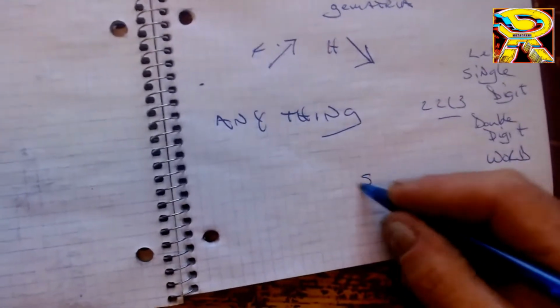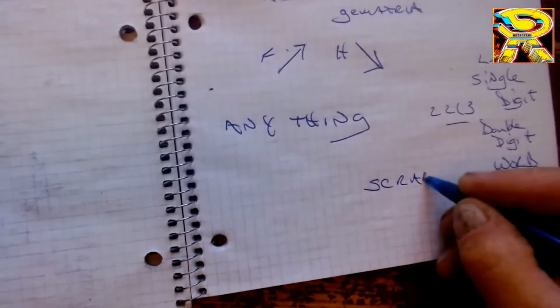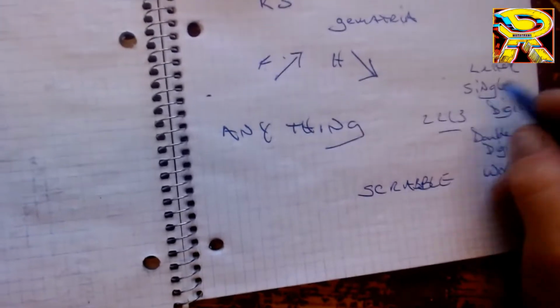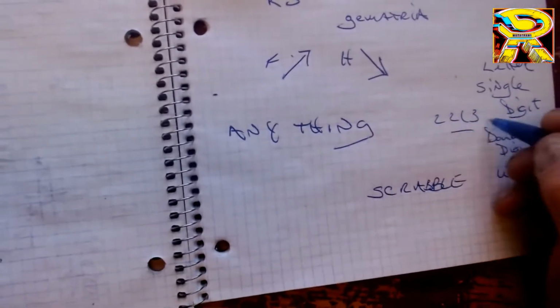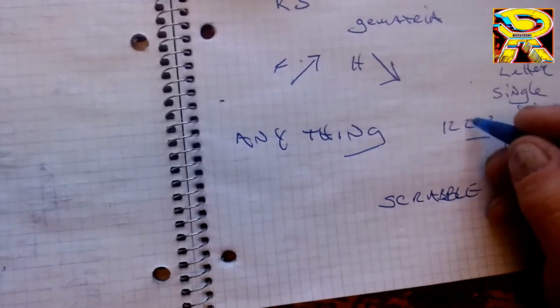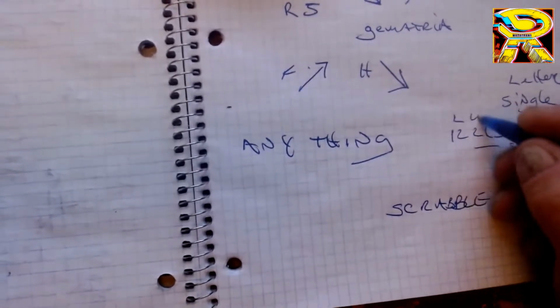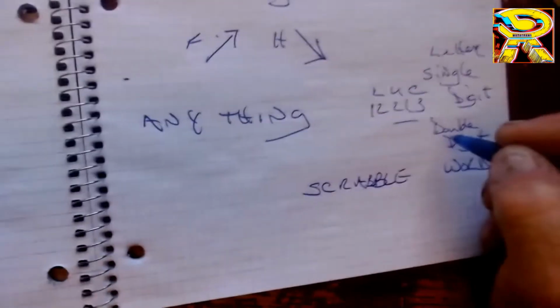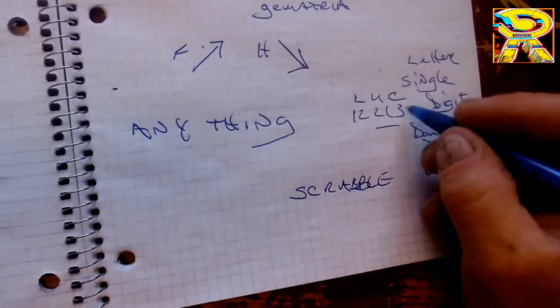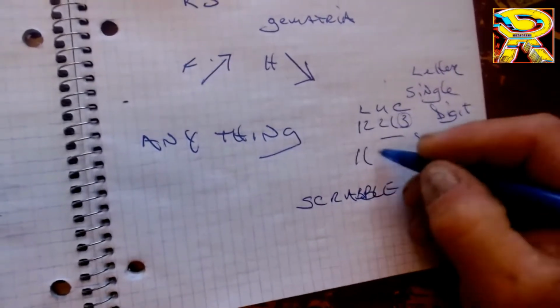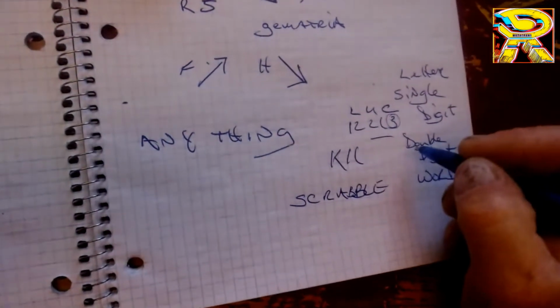I get this from the game of Scrabble, and I will explain it. If this was a word, and this was the 12th letter, and this was the 21st letter, and this is the third letter, you would have the word luck. In order to create what is 3, it'll take K to create what is C.